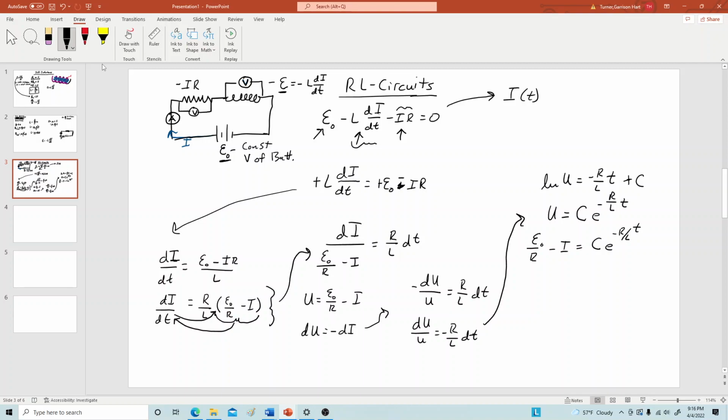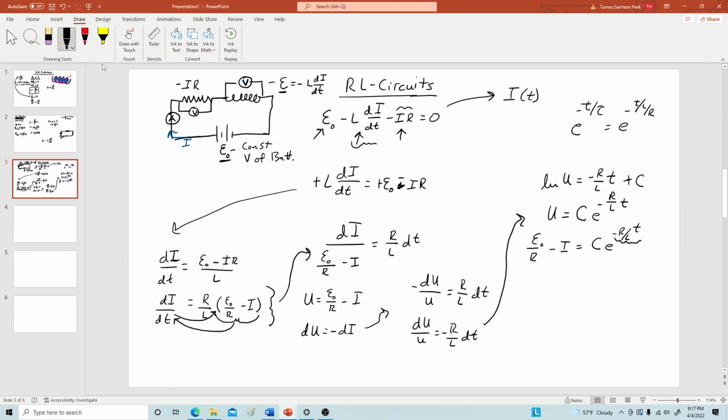One more thing we can do is look at this term. If I write this as e to the negative t over a constant, let's call that constant tau, because this is going to play the role of a time constant, then this is the same thing as e to the negative t over L/R.